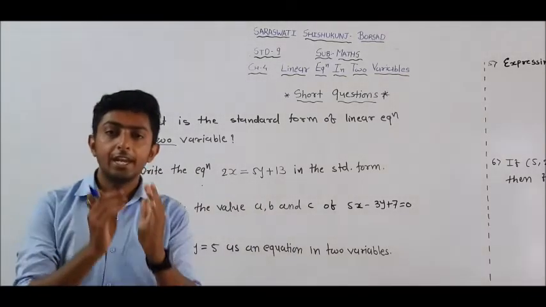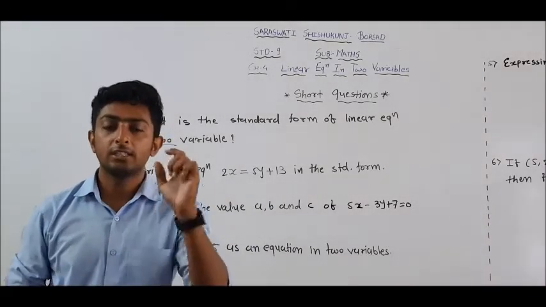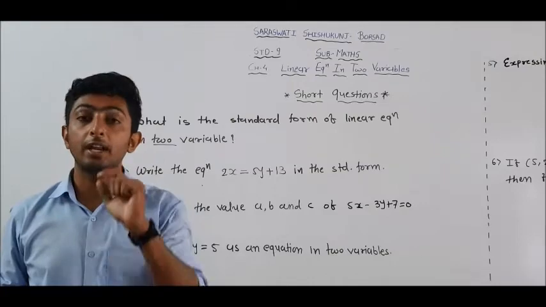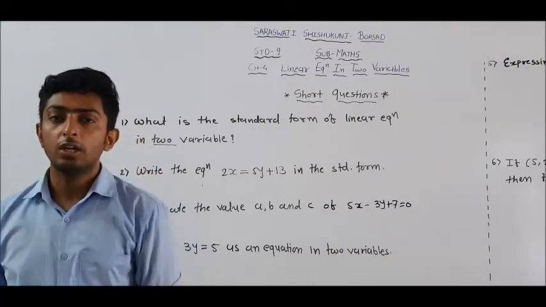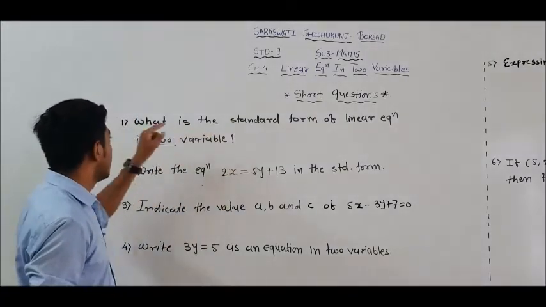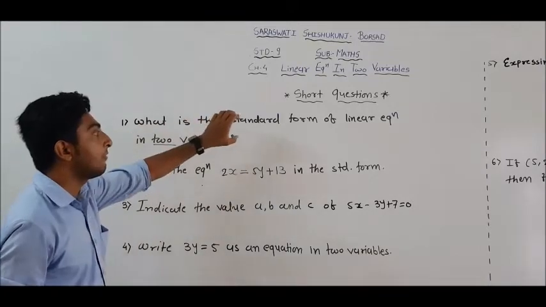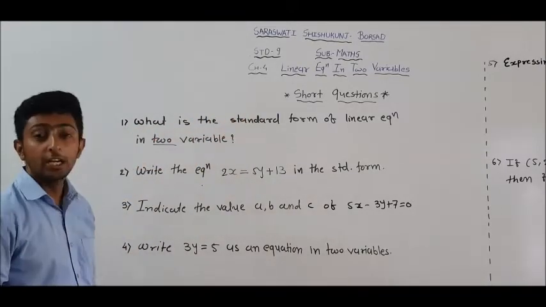We know that the standard form of a linear equation in one variable is ax plus b equal to 0. But here the question is, what is the standard form of a linear equation in two variables?